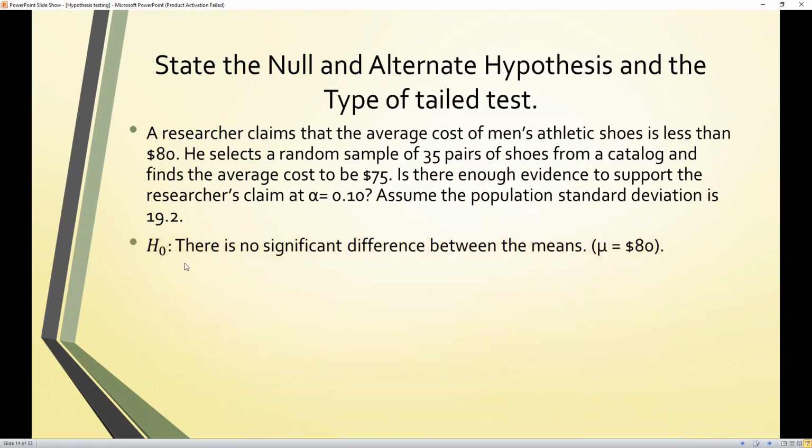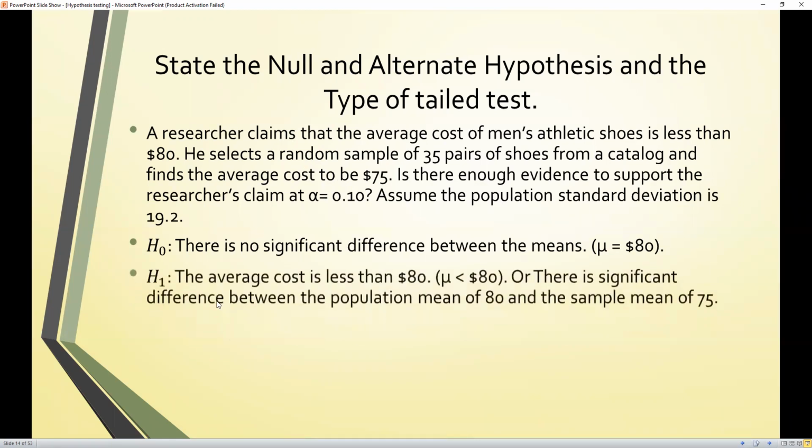So H0, there is no significant difference between the means, which is the $80 and the $75. So if there is no significant difference between those two averages, then we can say that the average really is equal to $80. While the H1, which always states that there is a significant difference, would say that the average cost is less than $80, because again, you can only say that if we can prove that the 75 is significantly less than 80.